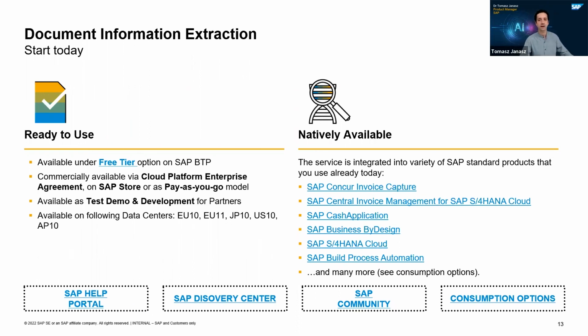And there are many entry options that you have. The first, the foremost one, which I would recommend to you, is either trying it out with the trial version, or you can go with the free tier option on the BTP. Our service is also providing this service plan to you.